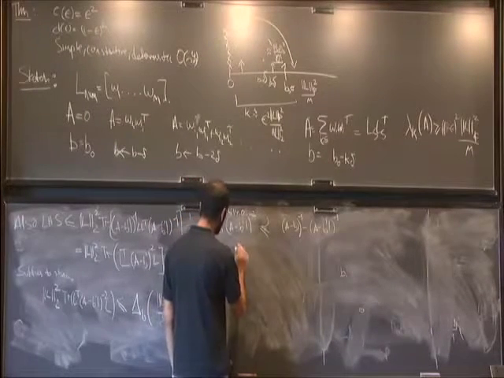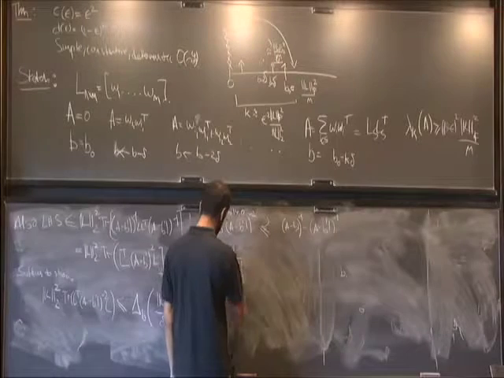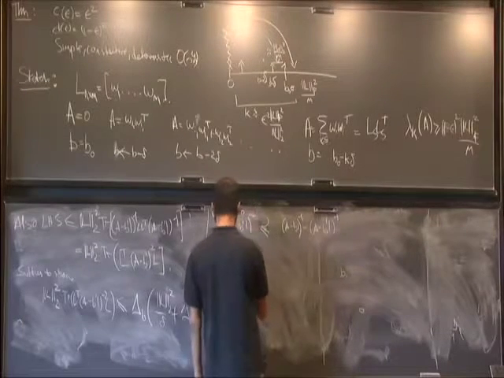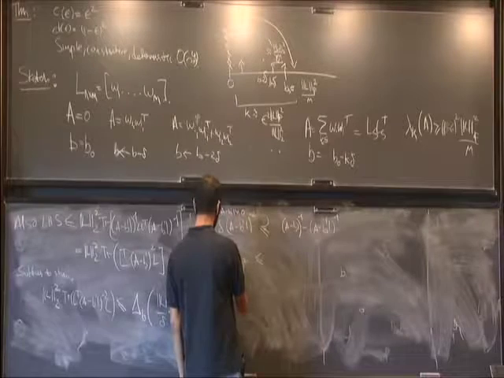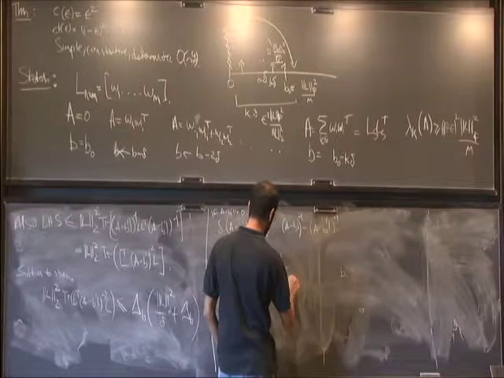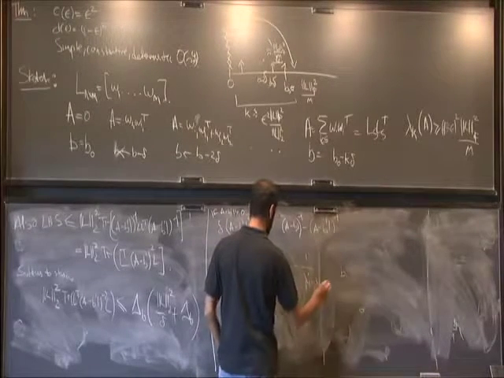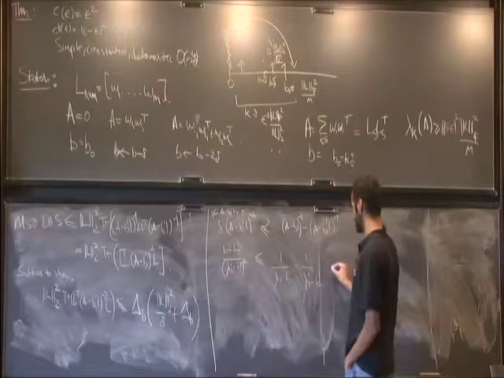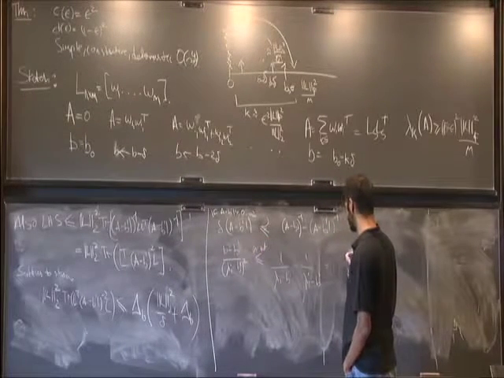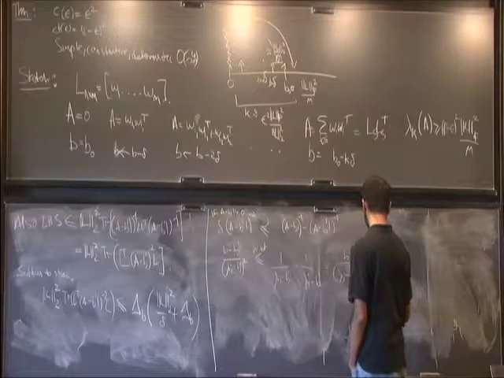You want to prove that 1 over lambda I minus B prime squared times delta is at most, where delta is just B minus B prime, 1 over lambda I minus B prime minus 1 over lambda I minus B. Now the point is this thing is equal to B minus B prime divided by lambda I minus B over lambda I minus B prime, right?